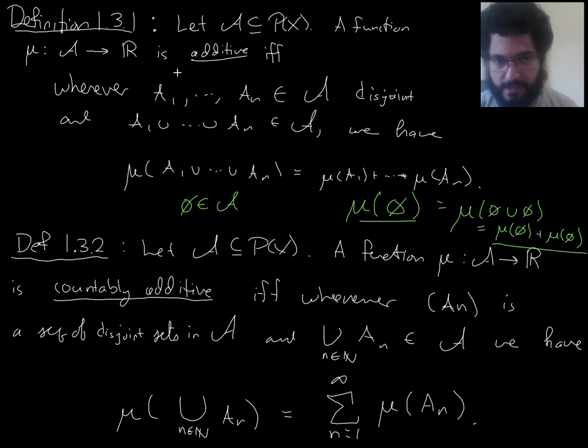And then to say that mu is additive is partly saying that mu is a monoid homomorphism, except not really, right? Because it requires that you be looking at disjoint sets. But anyway, just like in algebra when you're looking at homomorphisms, the identity element is sort of preserved, or the idempotence of an element is preserved. So the empty set is idempotent, so its image will have to be idempotent, and the only idempotent real number under addition is 0.